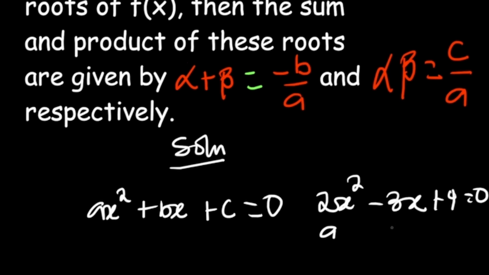This one here is our b, okay? And then the constant term, the term that does not have either an x or anything attached to it, is our c. Have you seen? So in this case, our a is 2, our b is negative 3, and then our c is 4. Okay, so that's how to find a, b, and c.